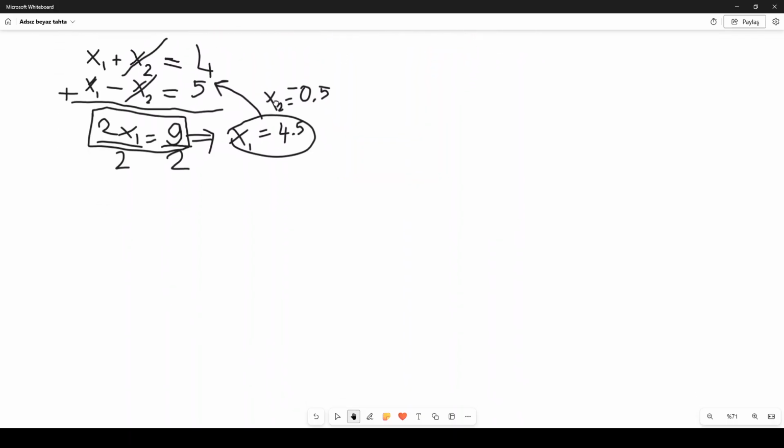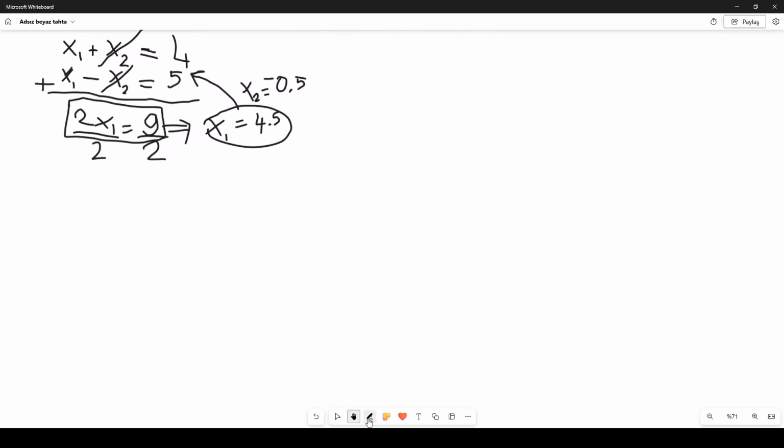And before that, let's first define what a matrix is, because I need to know the definition of a matrix before I start converting this system into a matrix form.